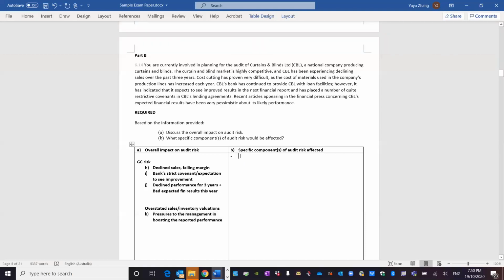Then, specific components of audit risk affected. So it seems actually overstated sales, overstated inventory seems to be more relevant on part B, is that right? Yes. Okay, so how would you develop your answer on part B? What specific components of audit risk will be affected? What are the components of audit risk?